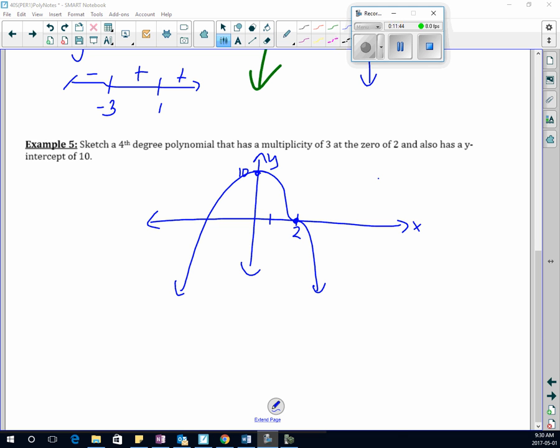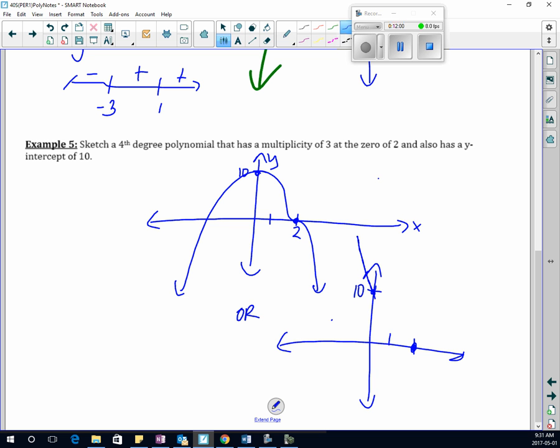You could have it going the other way. Here's a 10 right here, right? Here's a 2, and it could be going like that. It could also be like that as well, as long as it's degree 4.